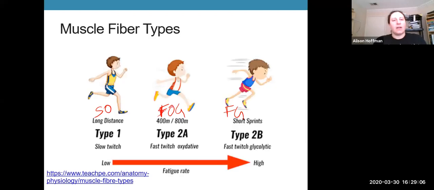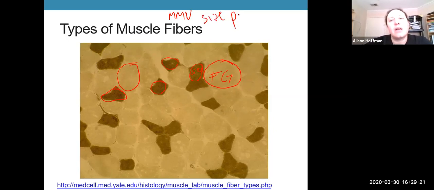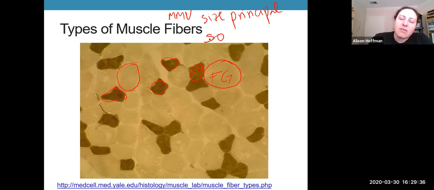Before I get to the next thing, let me just go back and say one more thing. We talked about the multiple motor unit recruitment before, and we know that motor unit recruitment operates by the size principle, where the smaller diameter fibers are recruited first. Given what we now know about the different types of fibers, slow oxidative motor units are the first ones recruited whenever muscles are activated.